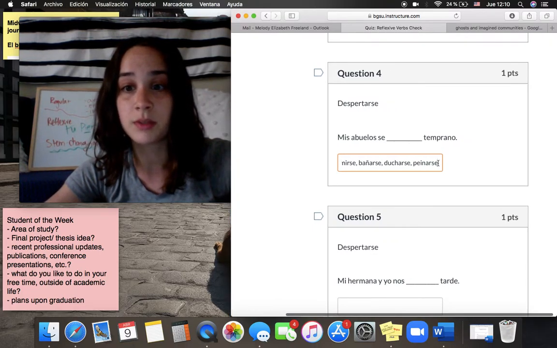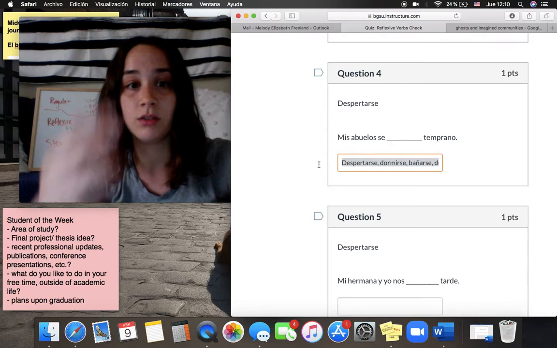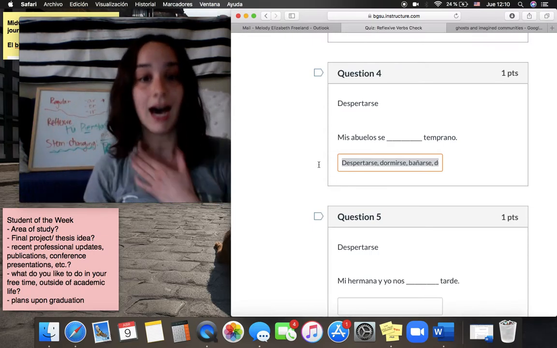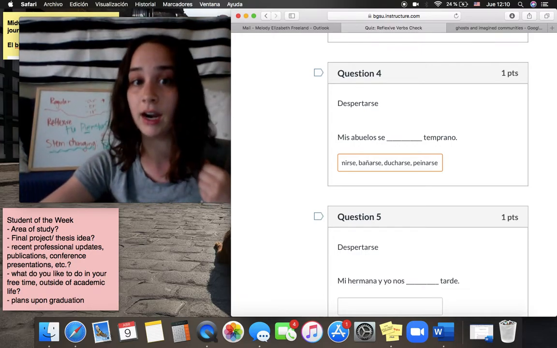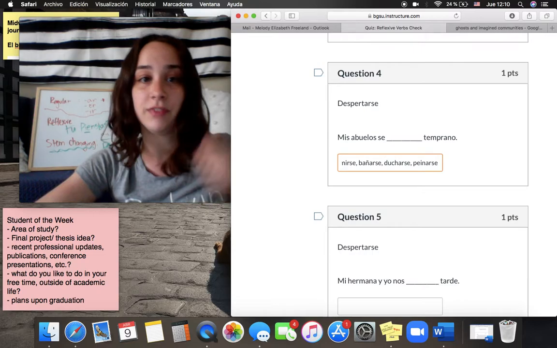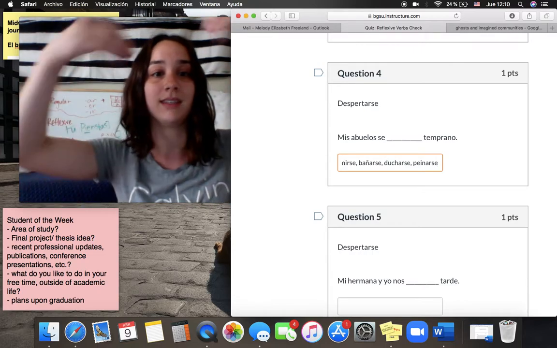These verbs, when you're talking about you doing them, like I'm waking up, I'm going to sleep, I'm taking a bath, I'm taking a shower, I'm brushing my hair, it's a reflexive verb because I'm doing it to myself.